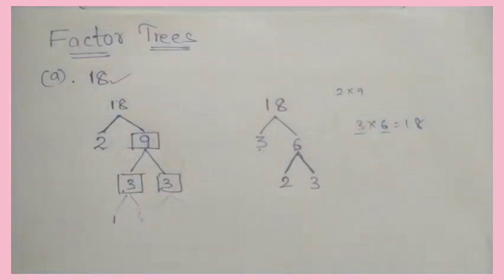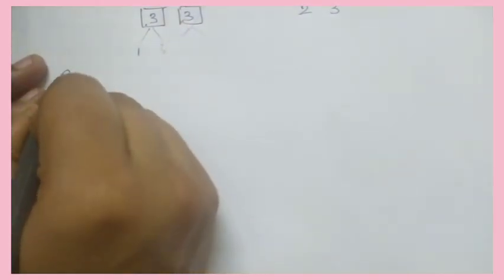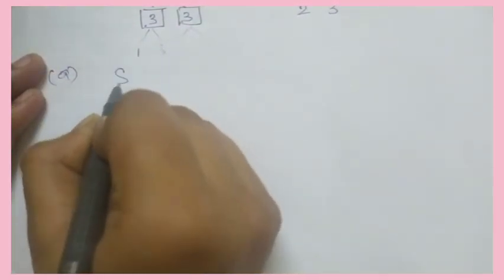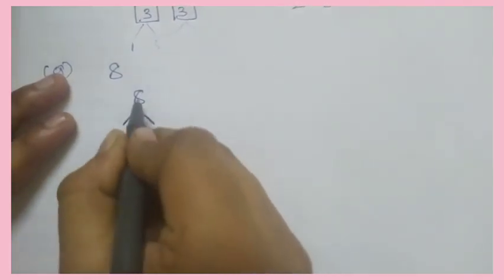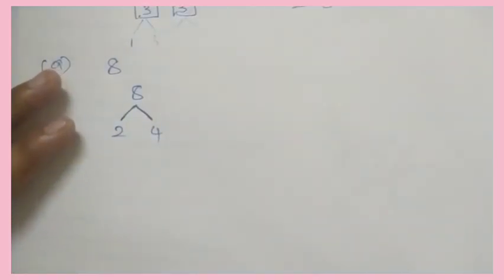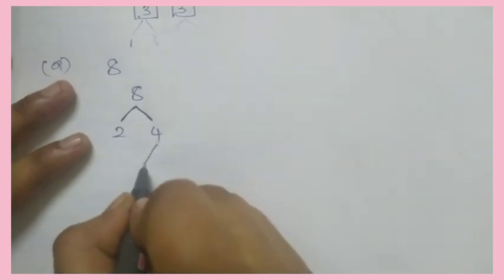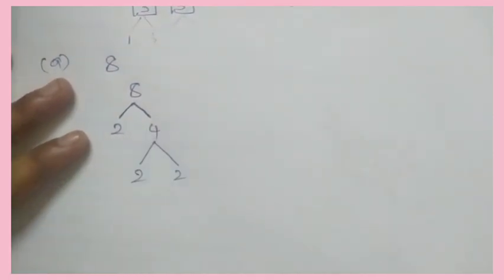Now one more example I will explain. 8 is there. To split 8, first we will write here 2. In 2 table we will get 8: 2 4s are 8. For 4 we can split again, so 2 2s are 4.